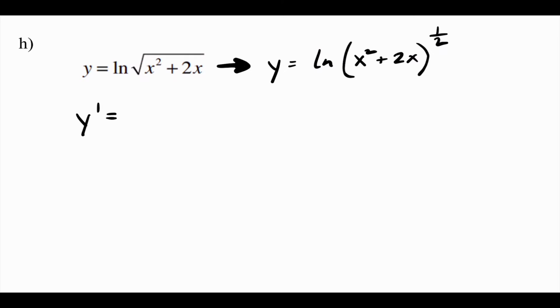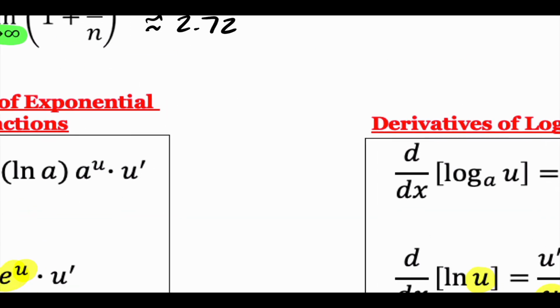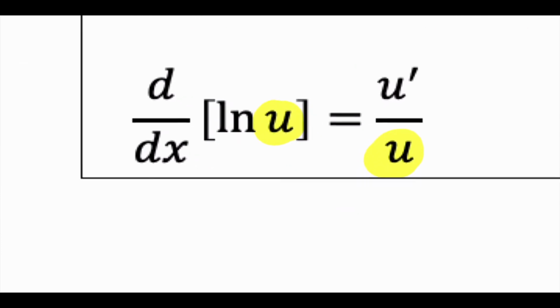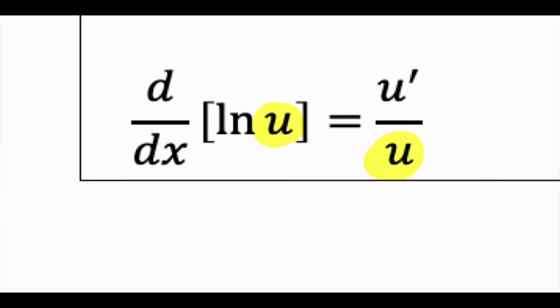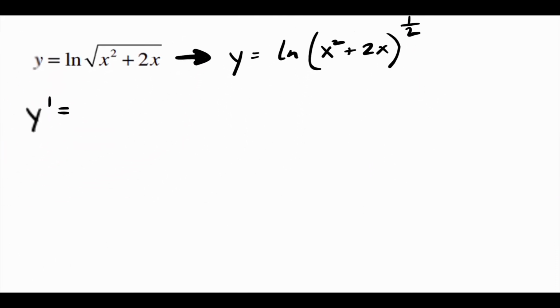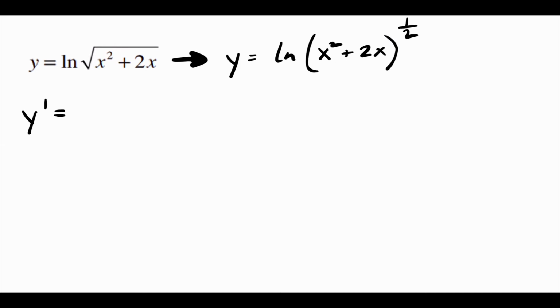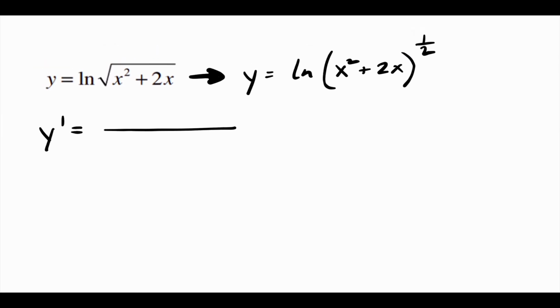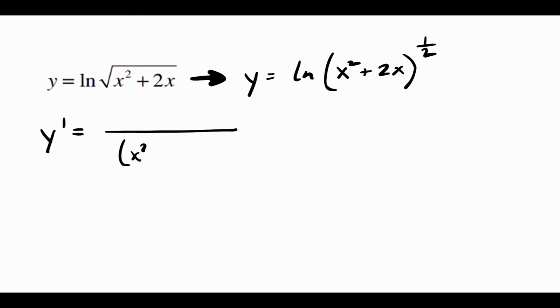So when we're finding the derivative of a natural log, it says the derivative of the stuff goes on top, and then whatever the stuff is goes on the bottom. So that's what we're going to do. First thing, I'm just going to put whatever the stuff is, x squared plus 2x to the 1/2, on the bottom.